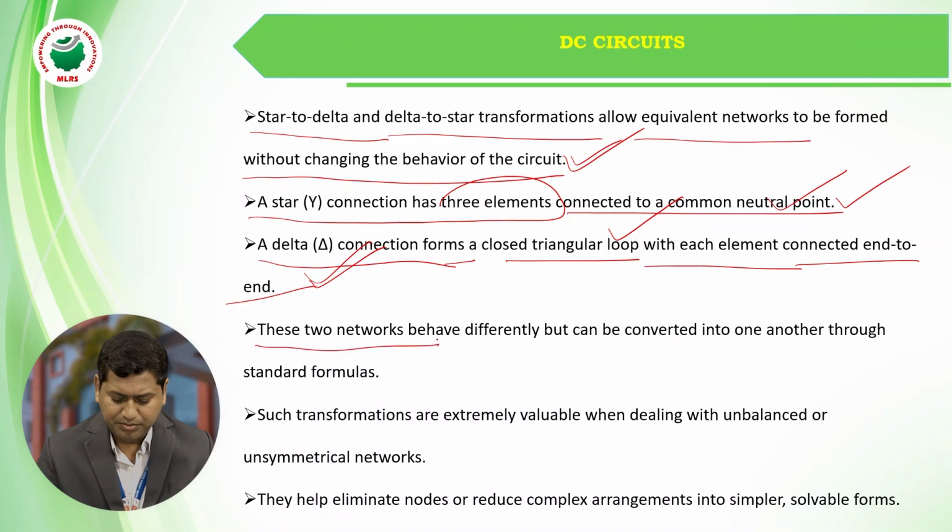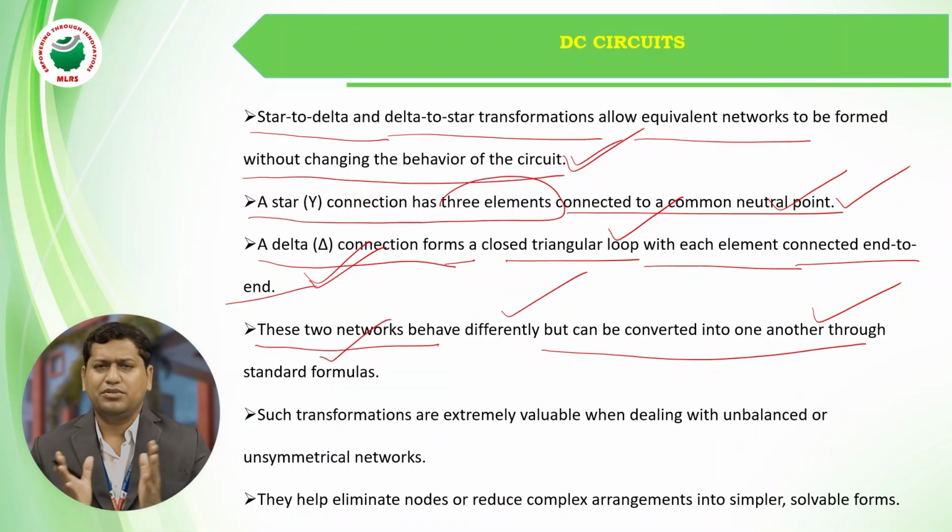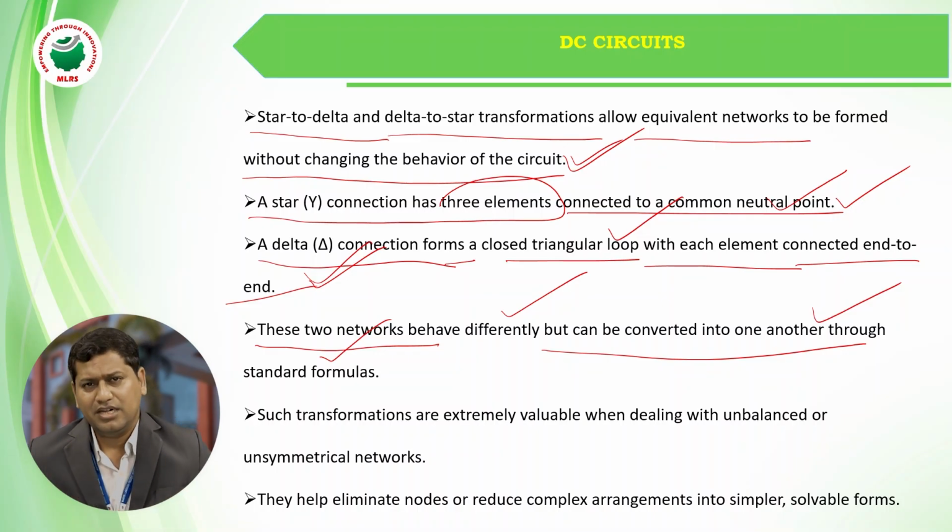These two networks behave differently but can be converted into one another through standard formulas. So we are doing the transformation of star to delta and delta to star with standard formulas. And the important point is the behavior of the circuit must not change.